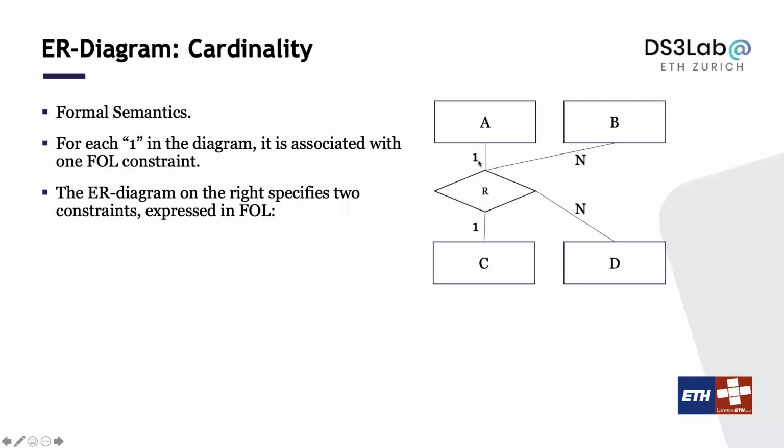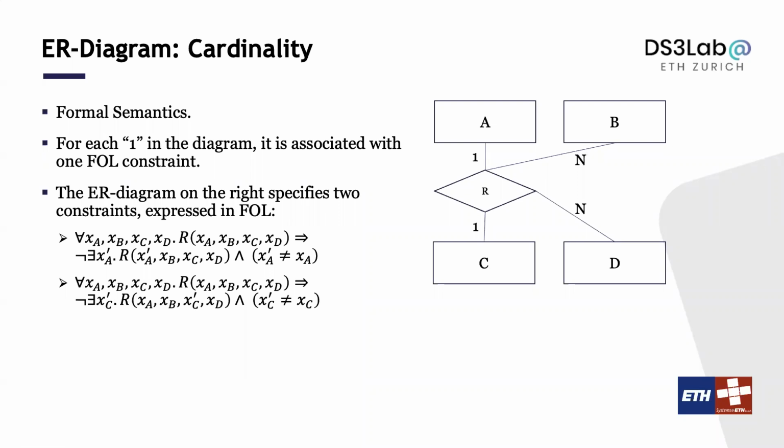For example, for the 1 associated with A, you are saying that in this application, if you give me the value of B, C, and D, I can uniquely identify A. Similarly, for the 1 associated with C, what we are trying to say is that if you give me the value of A, B, and D in this application, I can uniquely identify a unique value of C. You do not specify anything for the n, okay?